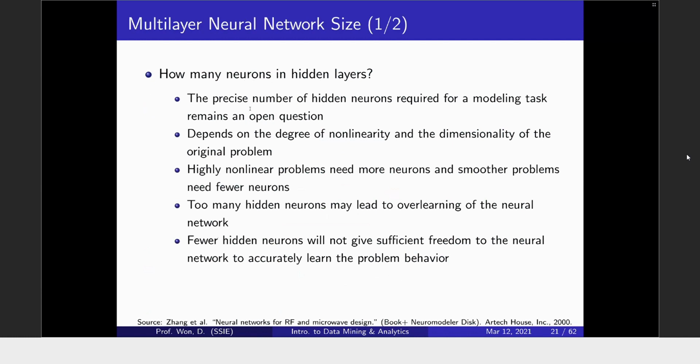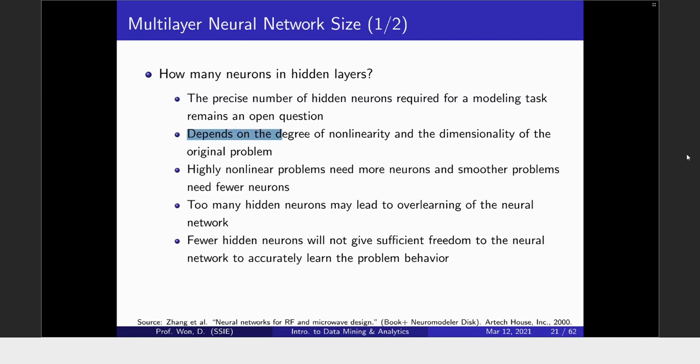In many cases, we rely on tuning. We change the number of neurons, the number of nodes in the network, and see which number is the best. That is the most popular way.